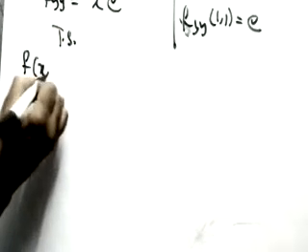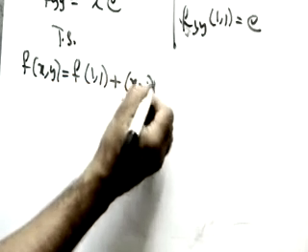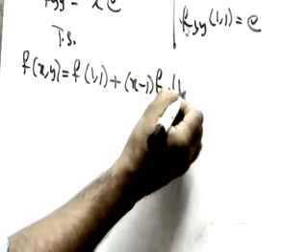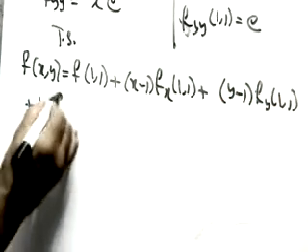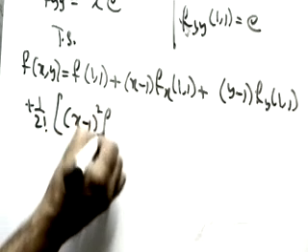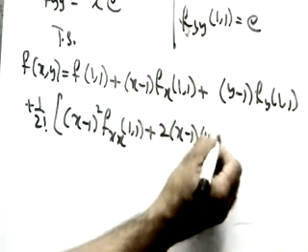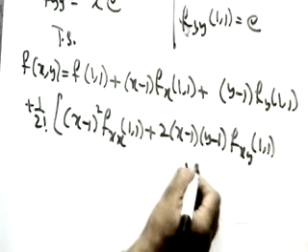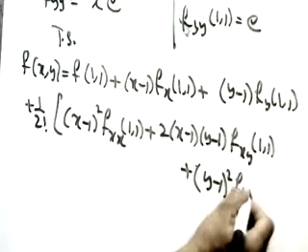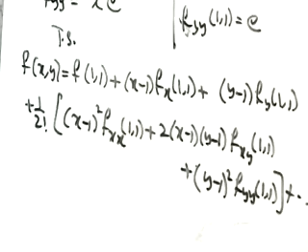Taylor's series: f of x comma y equals f of a comma b plus (x minus a) into f_x of a comma b plus (y minus b) f_y of a comma b plus 1 by 2 factorial [(x minus a) whole square f_xx of a comma b plus 2(x minus a)(y minus b) f_xy of a comma b plus (y minus b) whole square f_yy of a comma b] plus and so on.